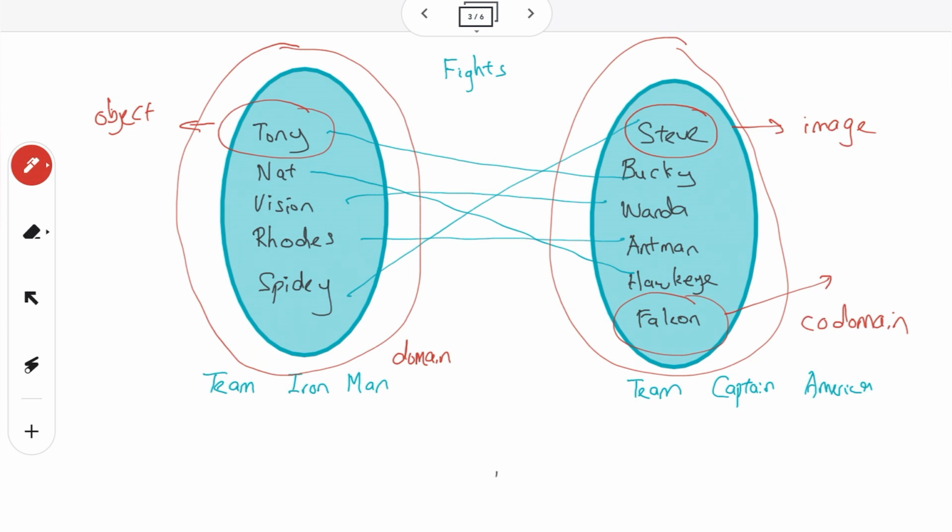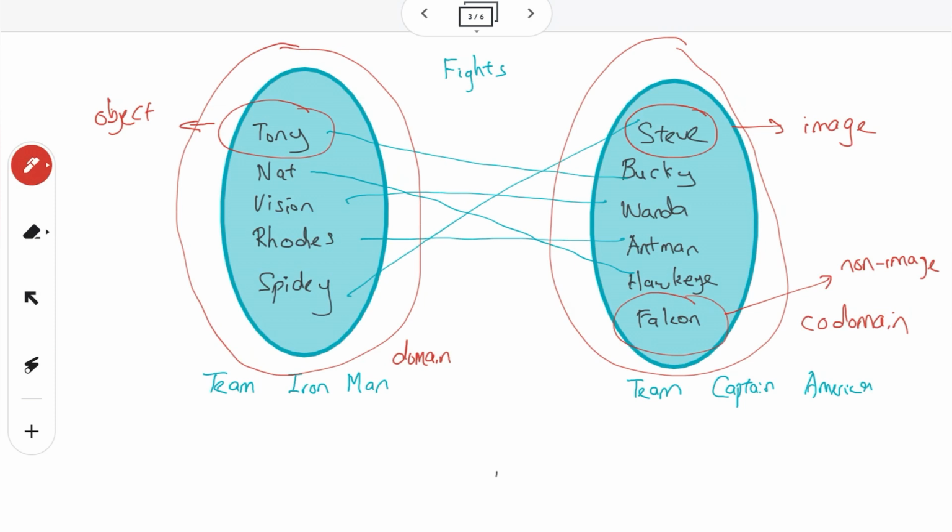Falcon is a non-image. This is because it does not have a corresponding object. He's not fighting anyone. However, Falcon is still part of the codomain. Remember that. Both images and non-images are part of the codomain.